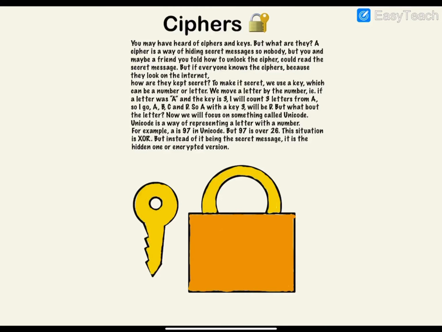We move a letter by the number, i.e., if a letter was A and the key is 3, I will count 3 letters from A. So A is the base, so it's 0.